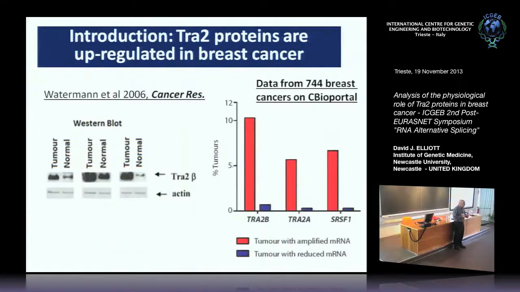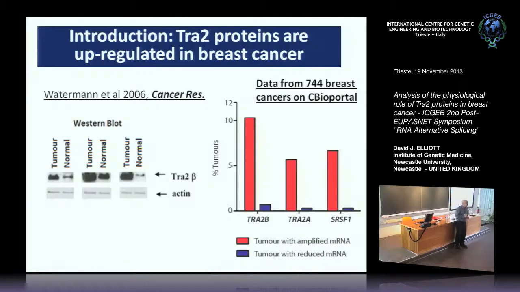So we became interested in a possible role of Tra2 proteins in breast cancer following on from a paper from Stefan Sam's lab in cancer research, which showed that Tra2 levels were elevated in invasive breast cancer cells.